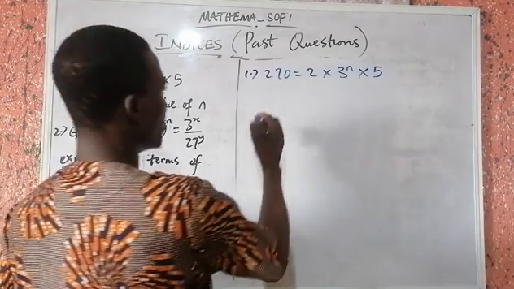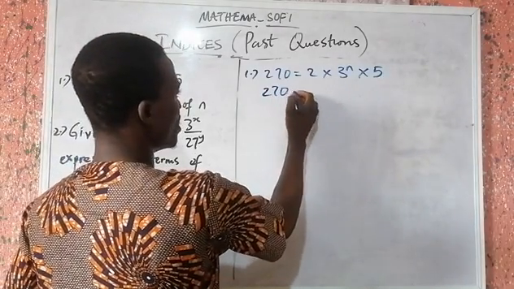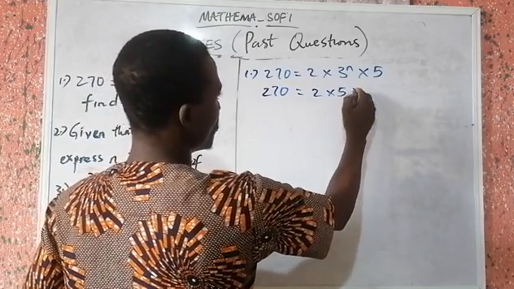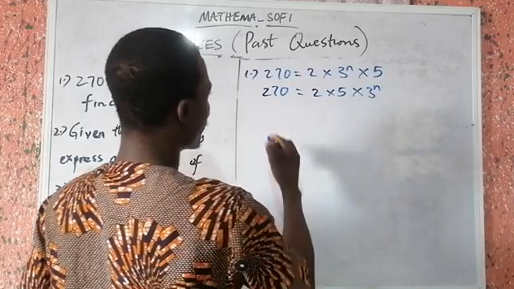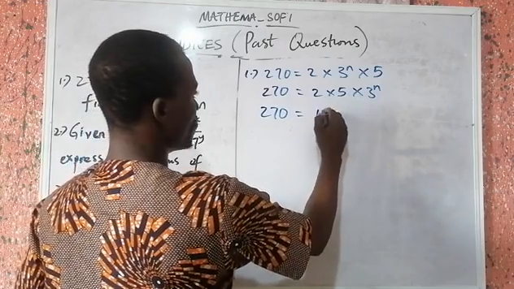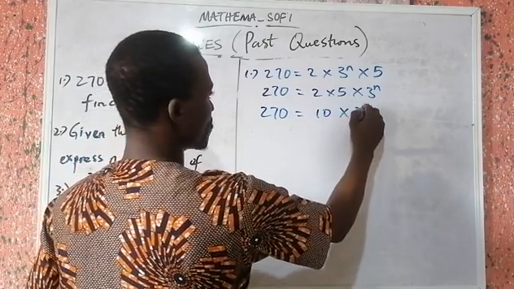So I can still retain my 270 here. Let me multiply 2 times 5 times 3 raised to n. Then I can say I have 270 equals 2 times 5 will give me 10 times 3 raised to n.